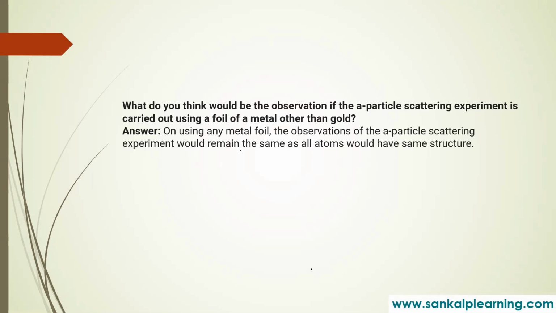So why are we using gold foil? What happens if we do not use gold foil? See here students, on using any metal foil, the observation of the alpha particle scattering experiment would remain the same as all atoms would have the same structure.